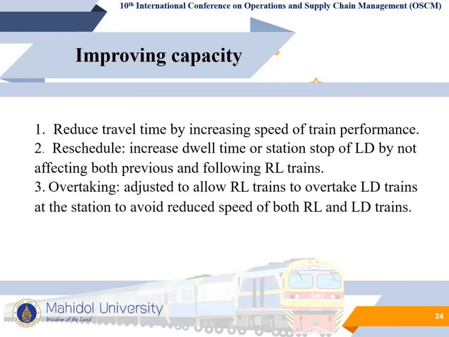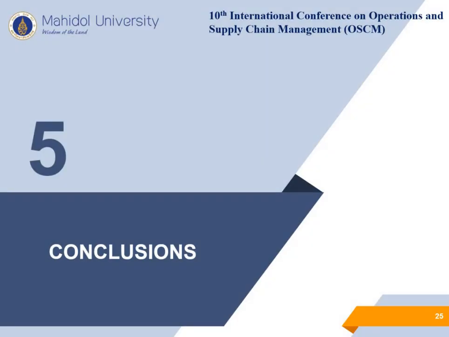Overtaking: adjust to allow RL10 to overtake LD10 at the station to avoid reduced speed of both RL and LD10. Conclusion.